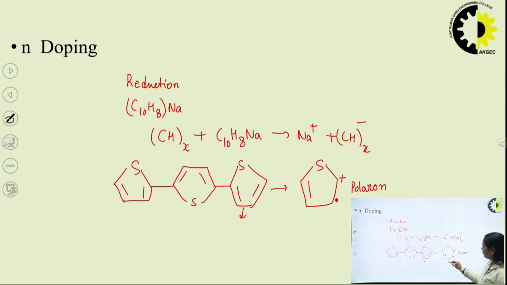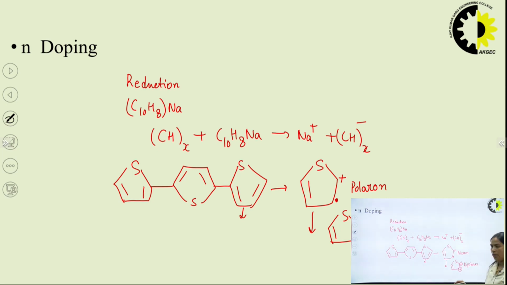And again, if I donate one more electron from this system, one more positive sign is formed. This species is known as bipolaron.